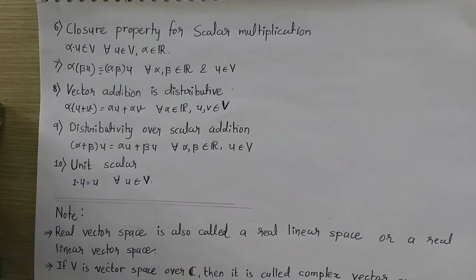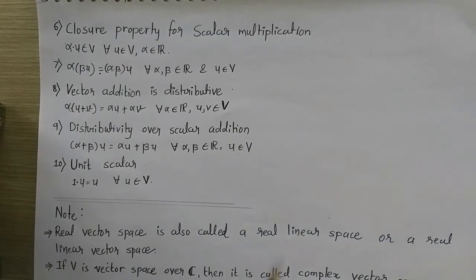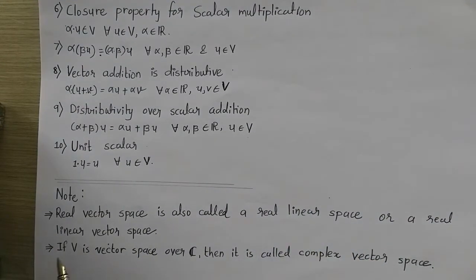Now there are some notes. Real vector space is also called real linear space or a real linear vector space. In a real vector space we consider the field R, but if we consider the field as C, then the vector space V over the field C is called a complex vector space.